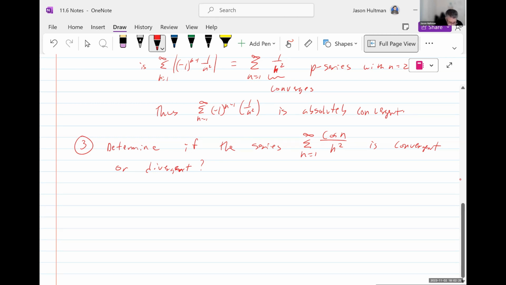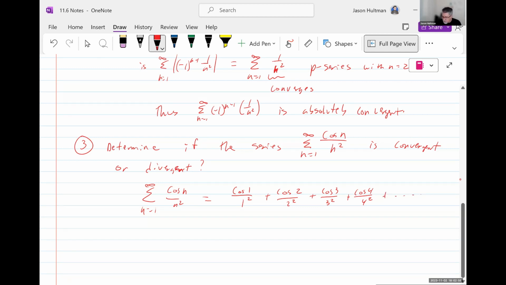So let's look at the original series that we put up there. N equals 1 to infinity of cosine n over n squared is going to be cosine 1 over 1 squared, plus cosine 2 over 2 squared, plus cosine 3 over 3 squared, plus cosine 4 over 4 squared, plus dot, dot, dot.